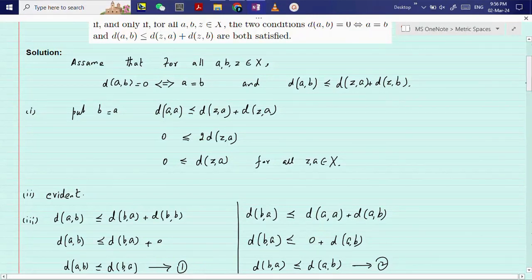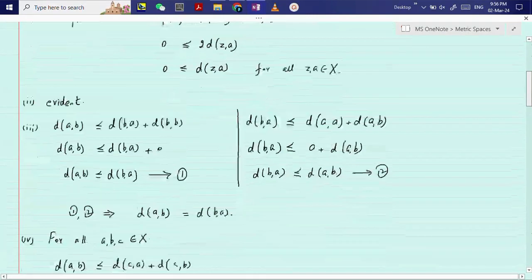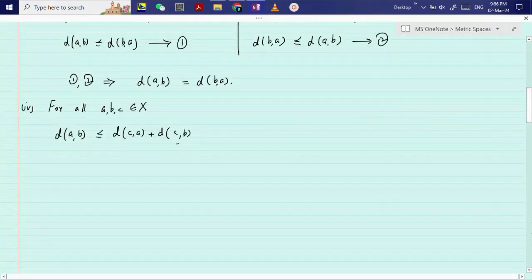So we use this inequality and we write it this way, where z is equal to c. So we can write here d of AB less than or equal to d of CA plus d of CB. And we know that d of CA is equal to d of AC by using the third property, plus d of CB.